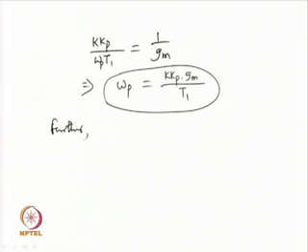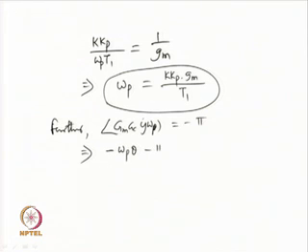Further, considering the phase angle criterion, we know that the angle of GM GC at the phase crossover frequency omega p is equal to minus pi, which implies minus omega p theta minus pi by 2 is equal to minus pi. Okay.